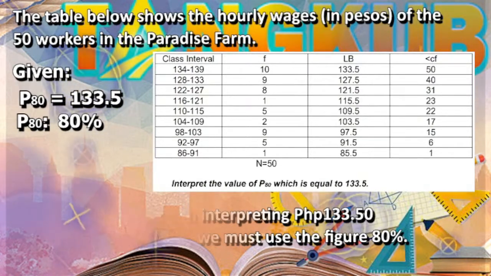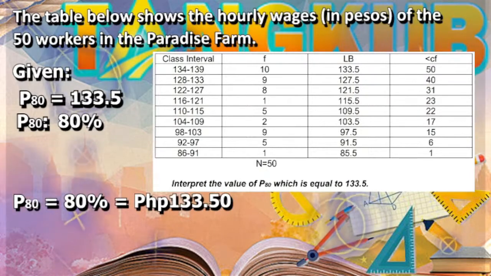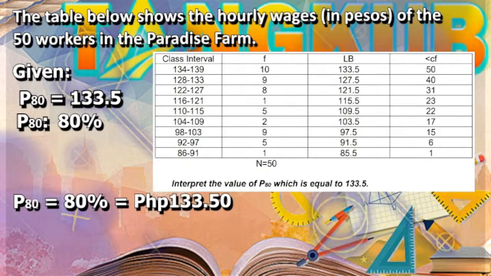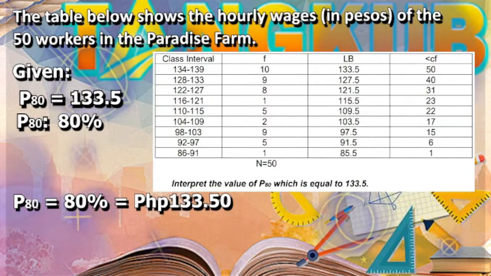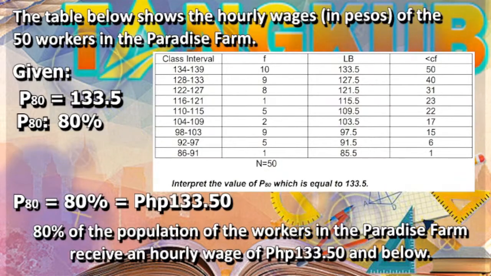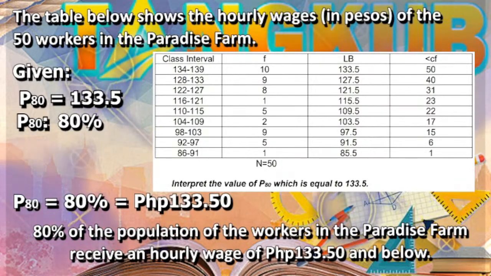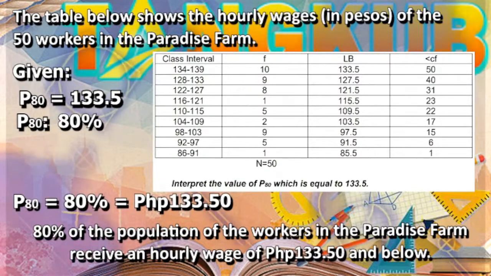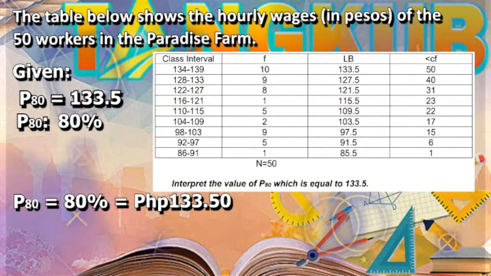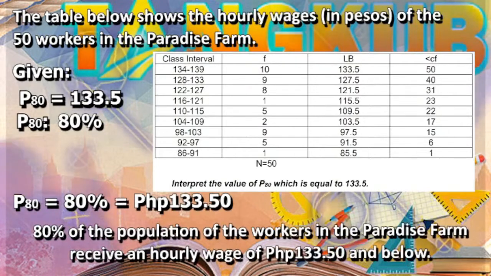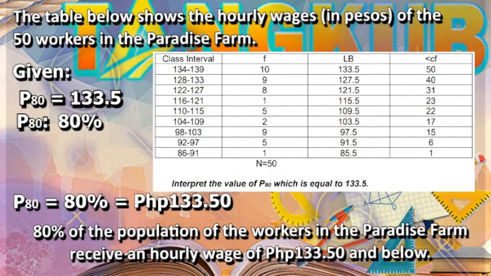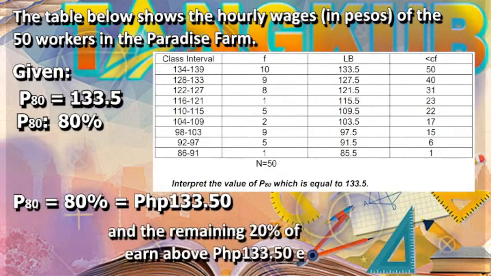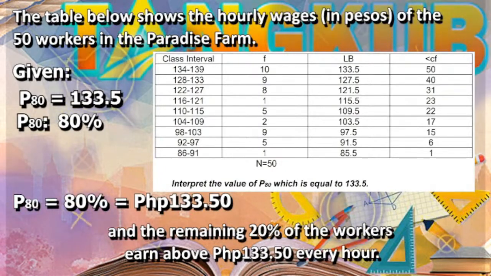Hence, in interpreting the 133.5 pesos hourly wage, we must use the figure 80%. Now let us interpret. Percentile 80 is equivalent to 80%, and that is equivalent to 133.50 pesos. What does this mean? This means that 80% of the workers have an hourly wage of 133.50 pesos and below, and the remaining 20% of the workers earn above 133.50 pesos every hour.